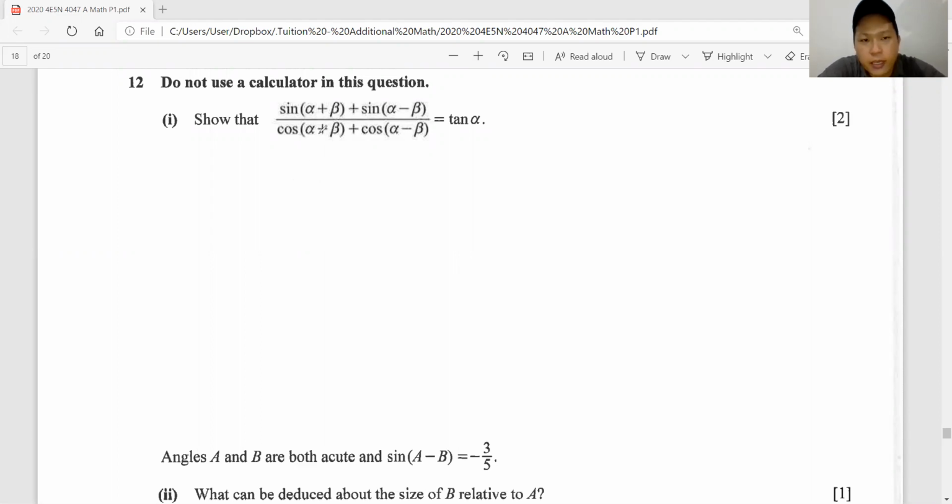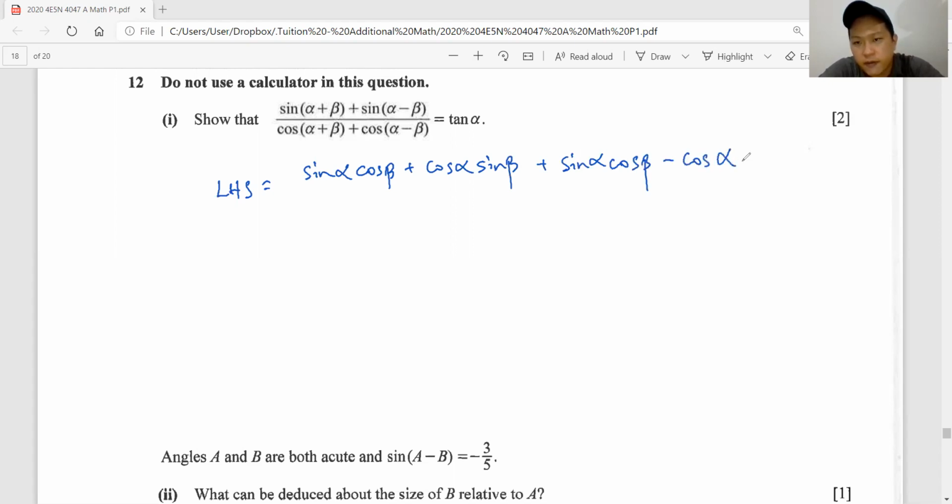Looking at the numerator, it is made up of the addition formula for sine. So the left hand side equals sine alpha cosine beta plus cosine alpha sine beta, then the second thing will be sine alpha cosine beta minus cosine alpha sine beta.